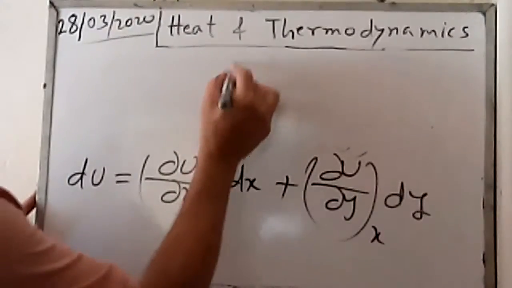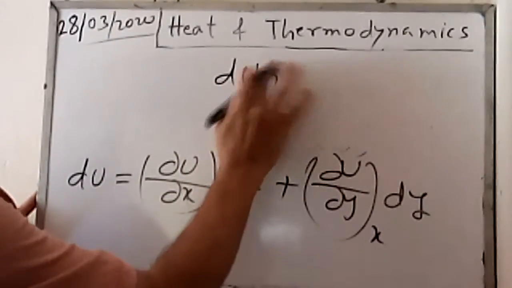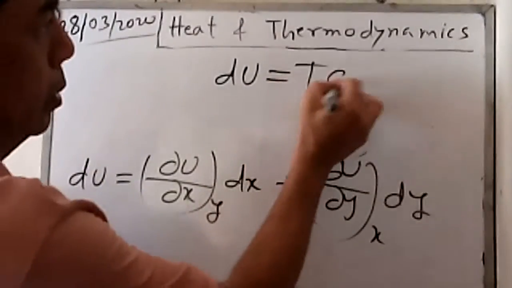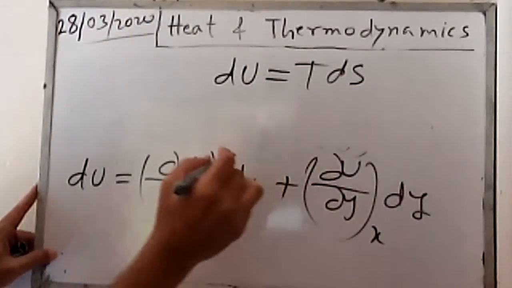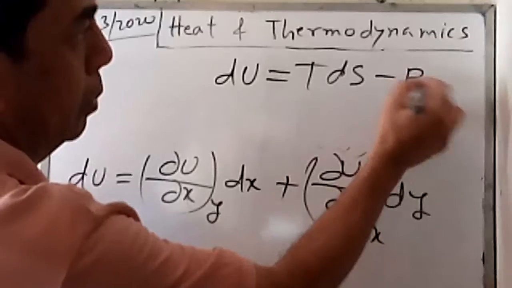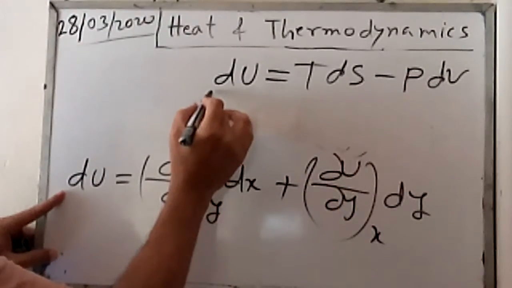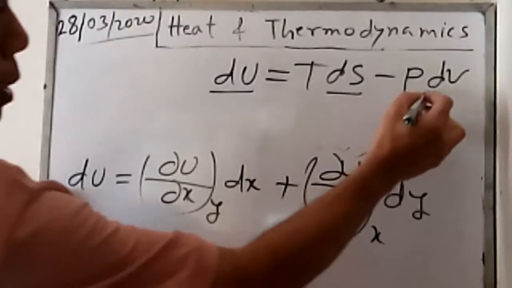dU equals TdS minus PdV. We got dU, dS and dV.